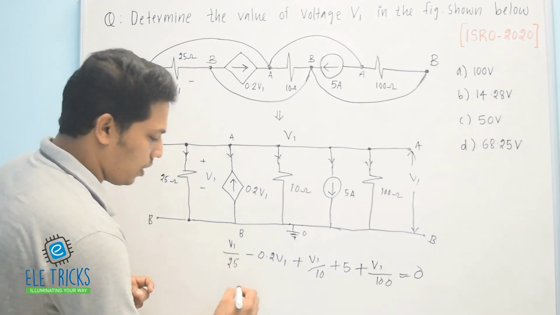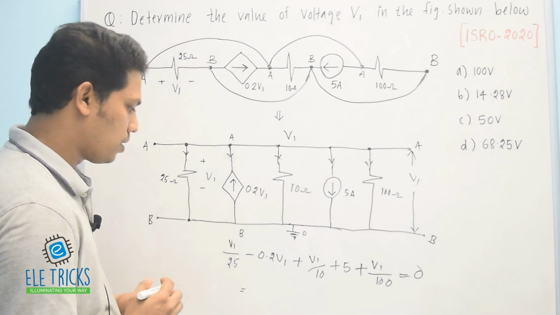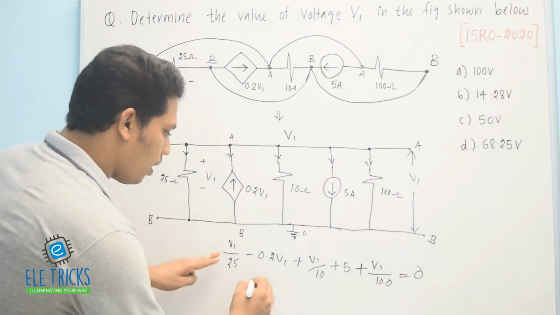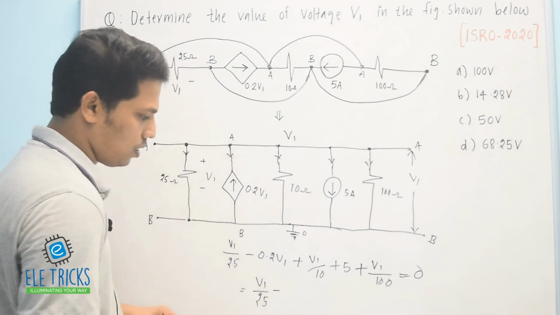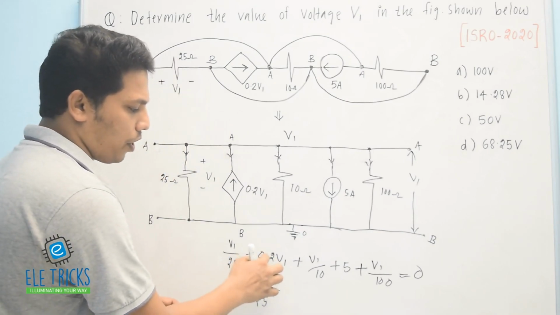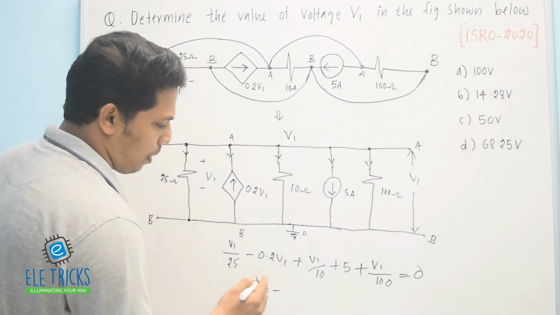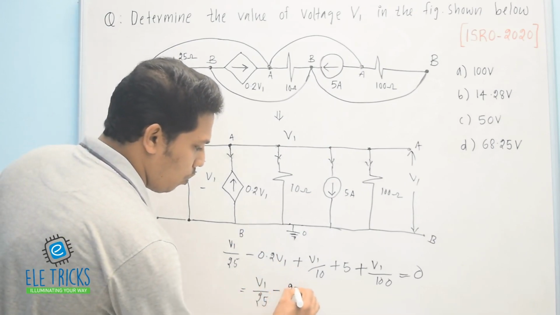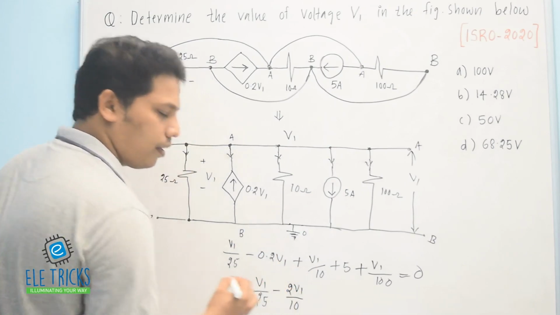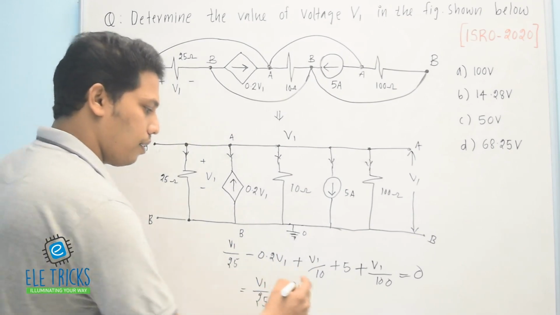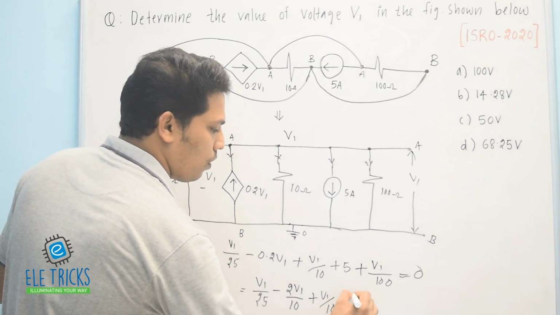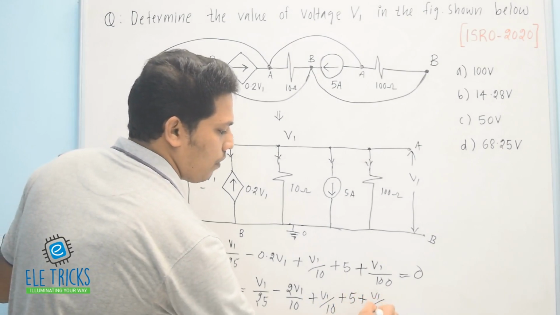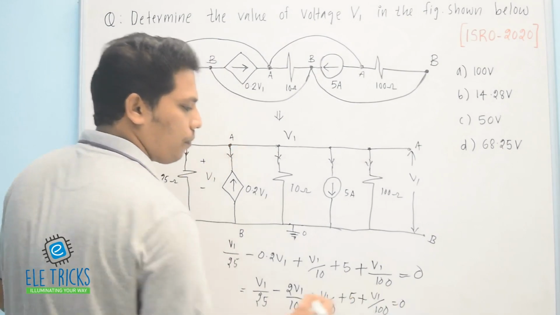You just take the LCM. See, this is V1 divided by 25, minus 0.2 V1, which can be written as 2 V1 divided by 10, clear, plus V1 by 10, plus 5, plus V1 by 100 is equal to 0.